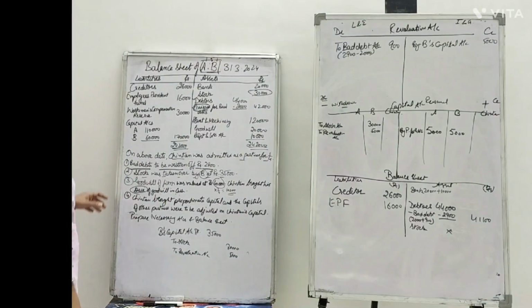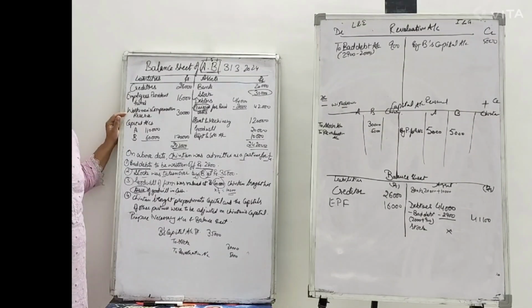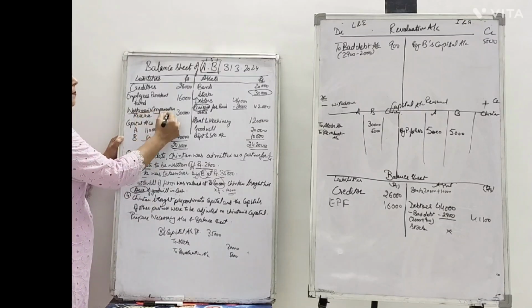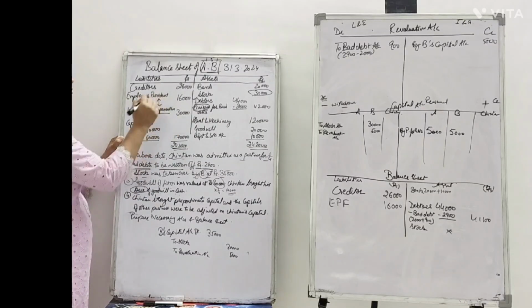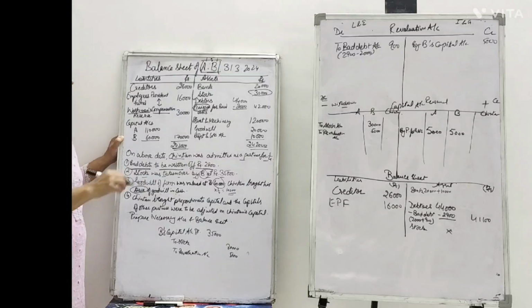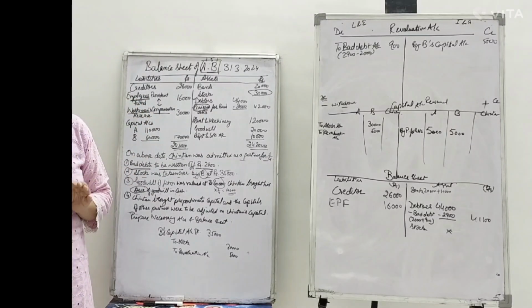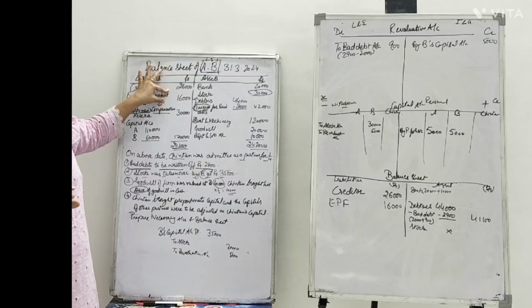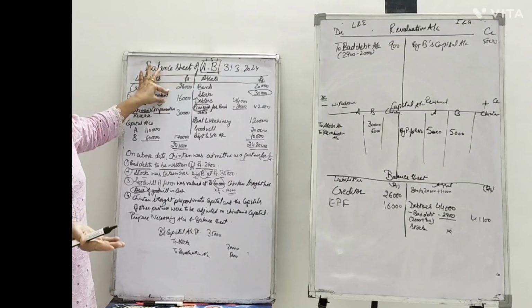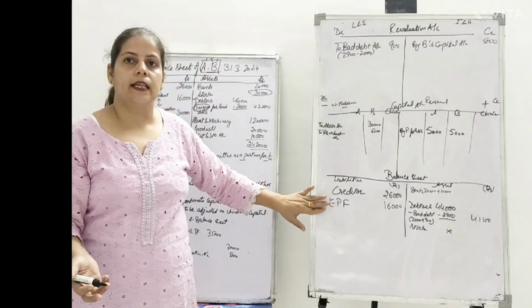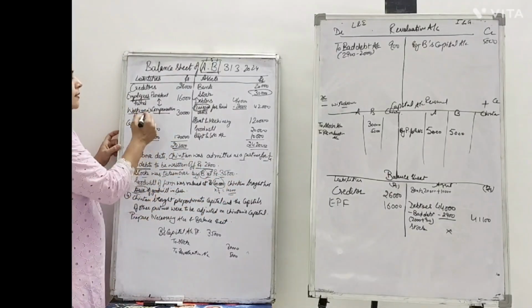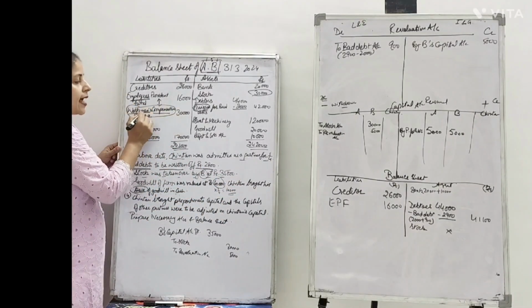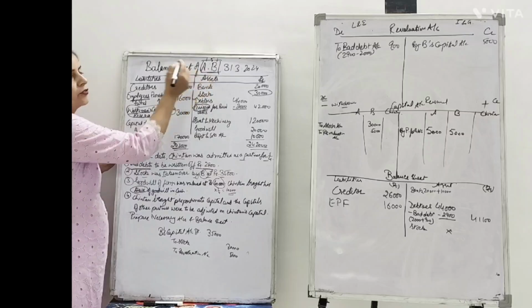Now the next point is Workmen Compensation Reserve. This Workmen Compensation Reserve is different from EPF. How? EPF is the amount deducted from salaries of employees. It belongs to the employees, so it remains a liability. But Workmen Compensation Reserve is actually the sacrifice of the partners.